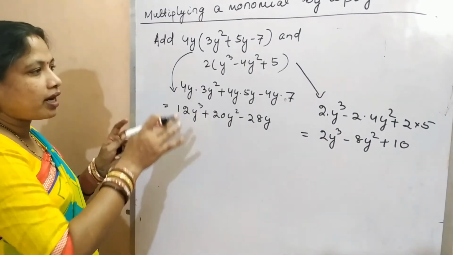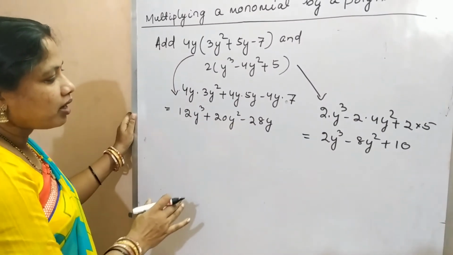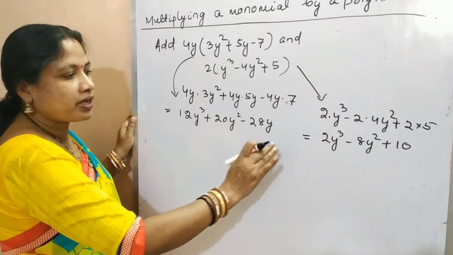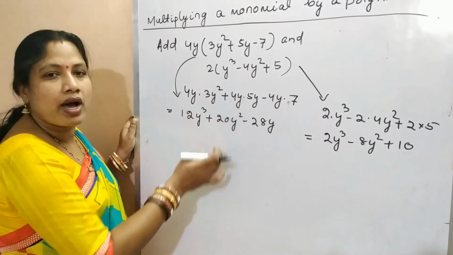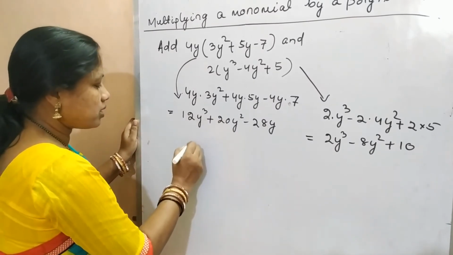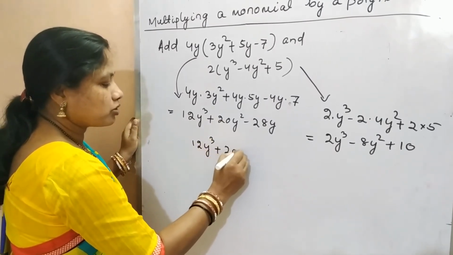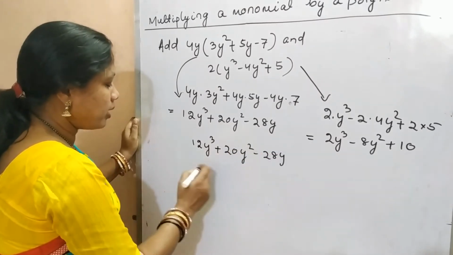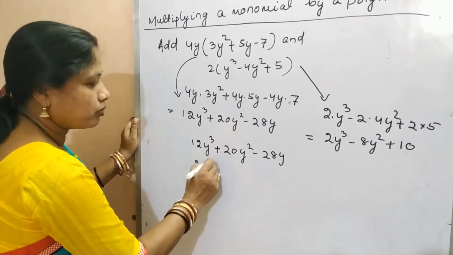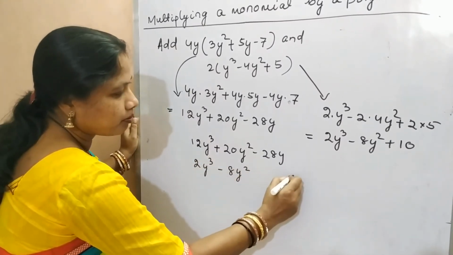So before that, all of you know how to add two algebraic expressions. I have to write these two algebraic expressions in two rows such that the like terms are one below the other. So first I write 12y cube plus 20y square minus 28y. Then below it 2y cube minus 8y square plus 10.